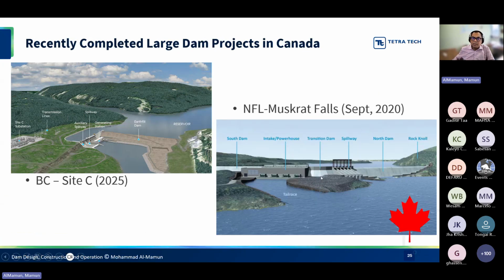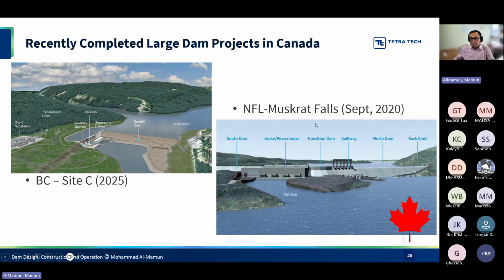Anyways, we still build large dams and big projects in Canada. One of the most recent is the Site C Dam in British Columbia. They have been constructing it for probably the last 10 years, the project cost was in the order of 16 billion, and it was commissioned earlier this year.